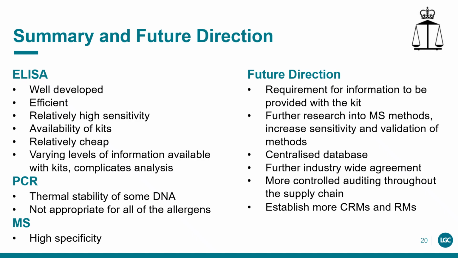As a general requirement, data on a kit's LOD, LOQ, matrices used for validation, known cross-reactives, conversion factors, and target proteins should be provided as standard. In some circumstances, PCR-based approaches can be better for processed foods due to the relative stability of DNA compared to some target proteins, but it is not an appropriate method for all of the primary allergens.